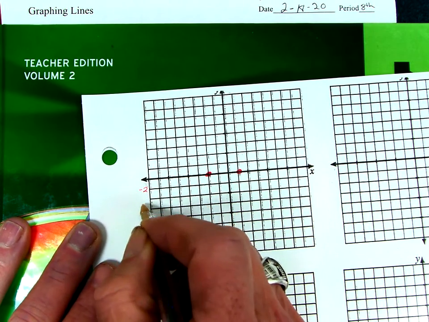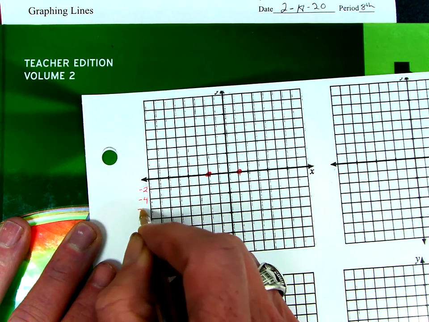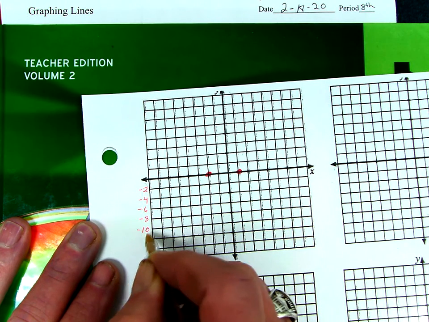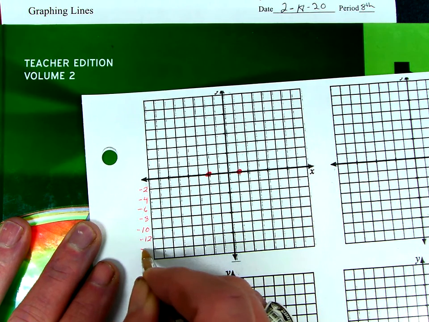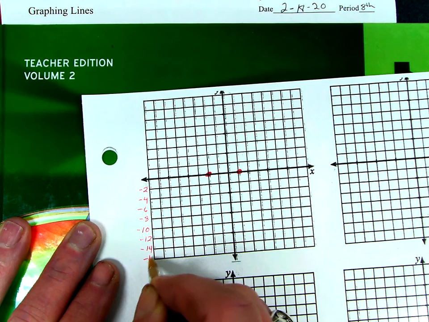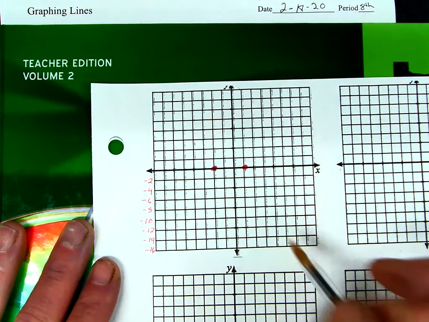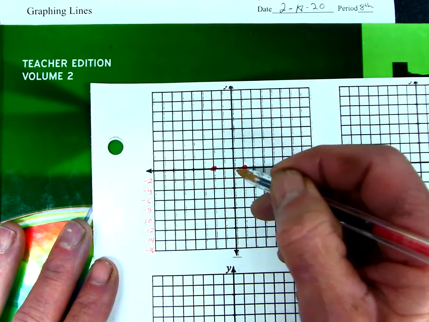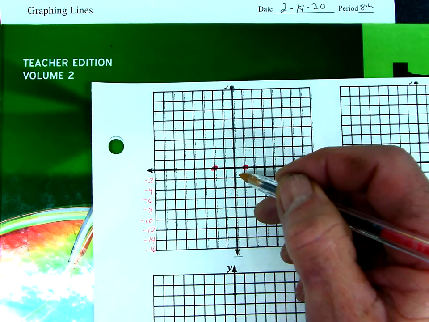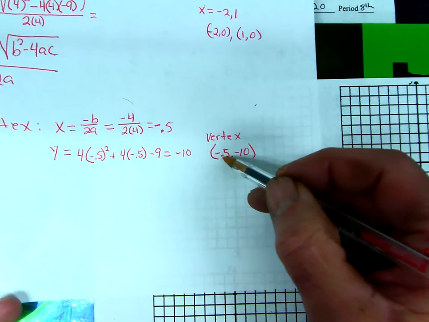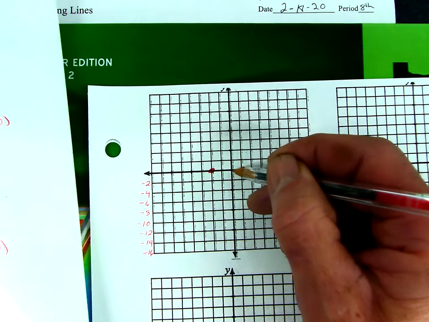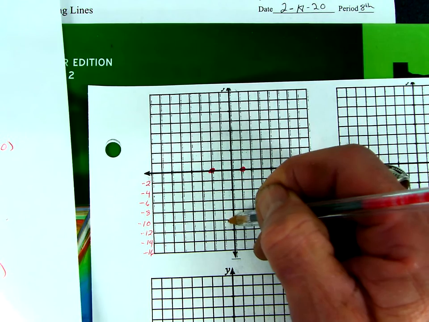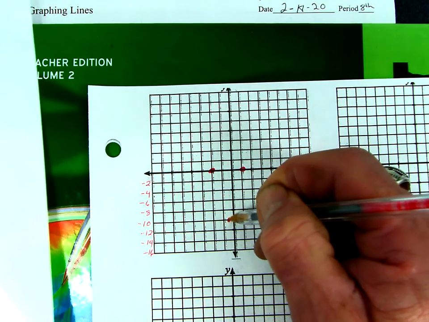So this would be negative 2, negative 4, negative 6, negative 8, negative 10, negative 12, negative 14, negative 16. Now that gives me plenty of room. Here's 0, 0. I'm plotting the point negative 0.5. So I go over to negative 0.5, and now I go down to negative 10.